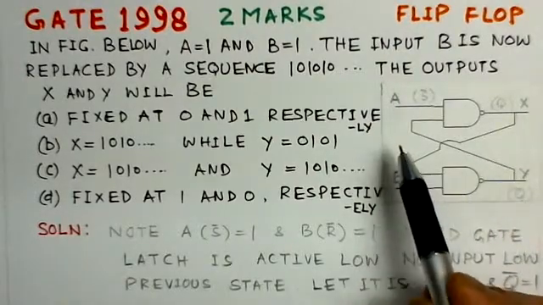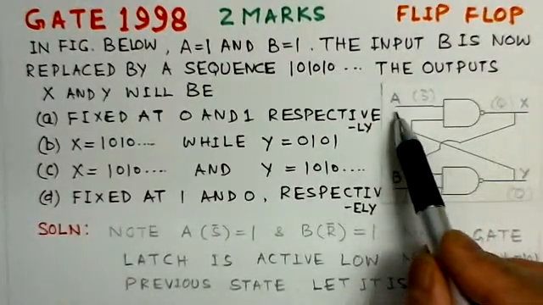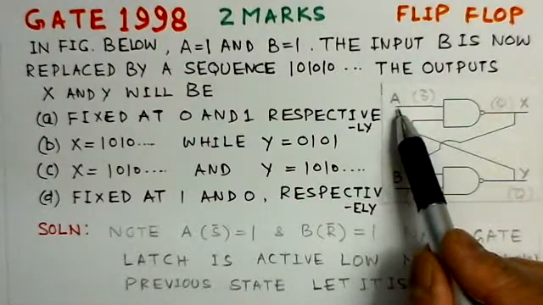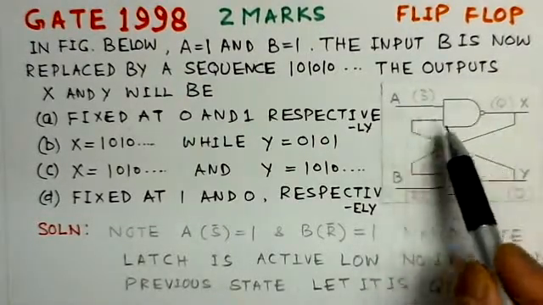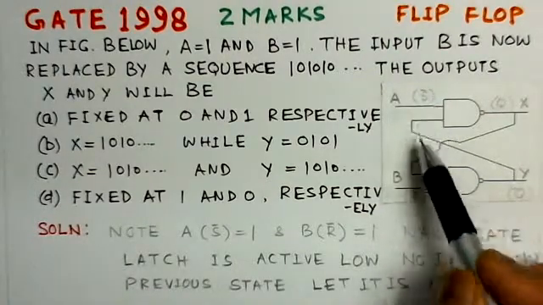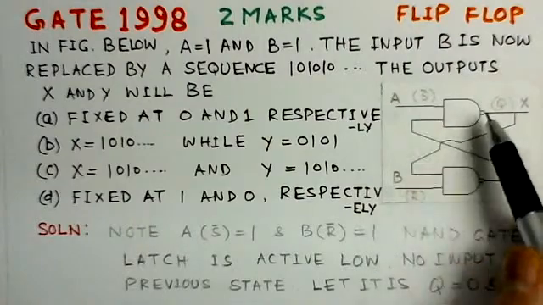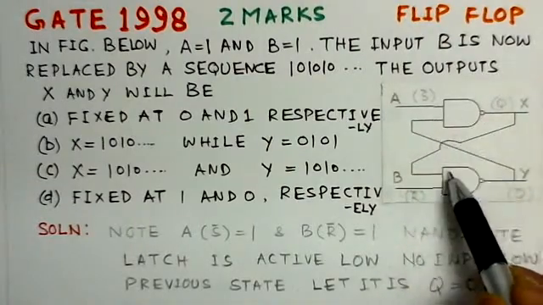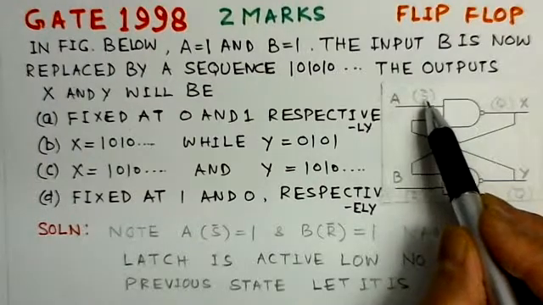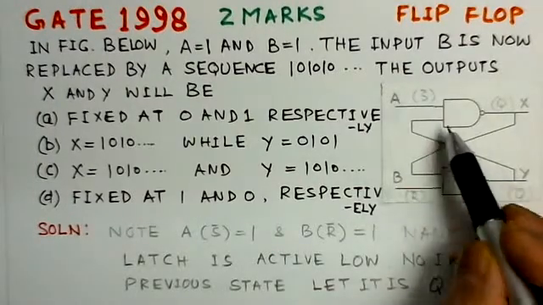Now as usual, because the notations taken here are not conventional ones, we'll replace them in a bracket with the conventional notation for all the terminals. This is a NAND latch, and it's also said to be an S bar R bar latch, which is active low.